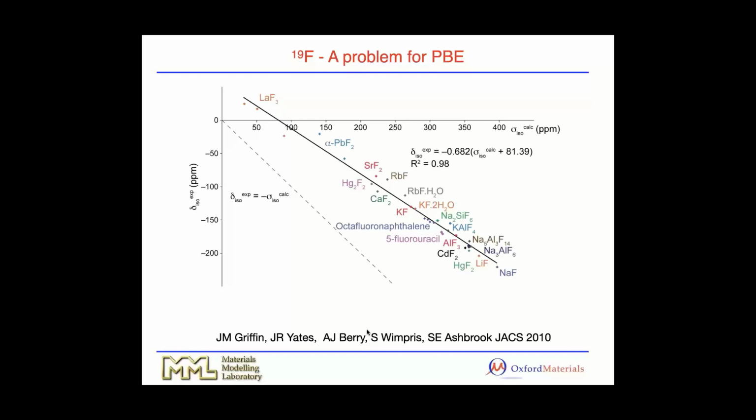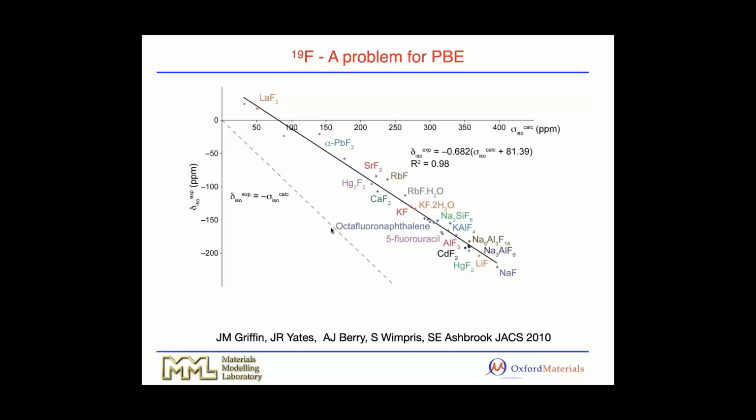There is a notable problem with PBE, which was fluorine. Again, a paper from a number of years ago looked at a range of fluorine-containing compounds, and we get what seems to be very good agreement between calculation and experiment, from a range of inorganic fluorides. You can include some organic fluorine crystals here. They all lie on a line. The problem is they don't lie on the right line. The line they should be lying on should be parallel to this line here.